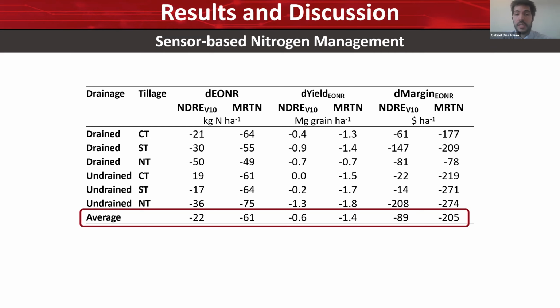So this indicates that for situations where nitrogen applications at the V10 stage are possible, so if there is irrigation to make sure that fertilizer can be incorporated, sensor-based nitrogen management is able to better quantify nitrogen requirements than using the MRTN approach.